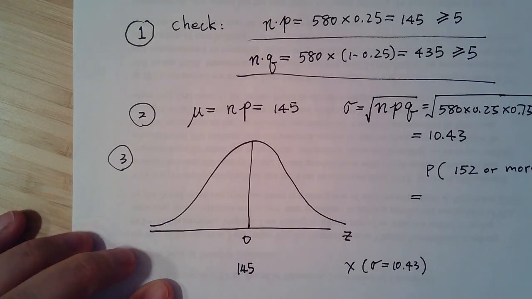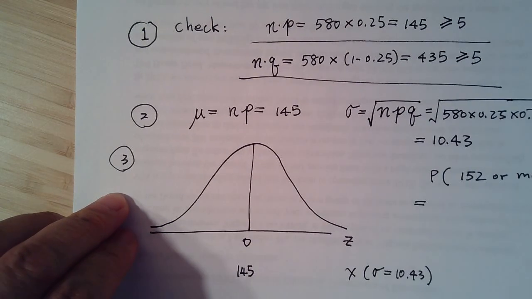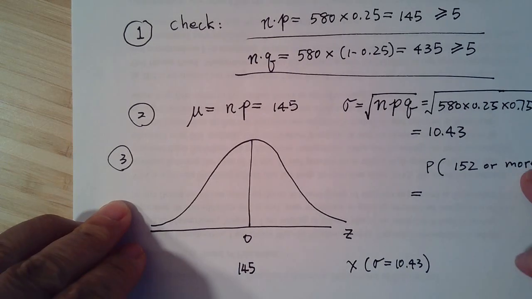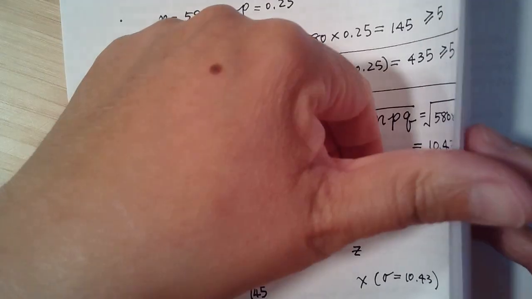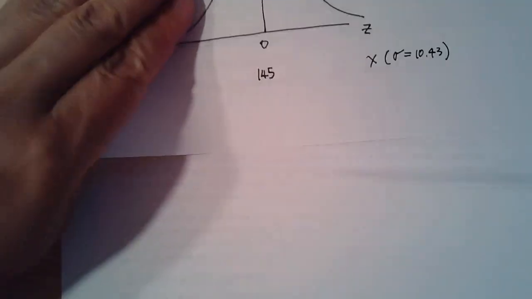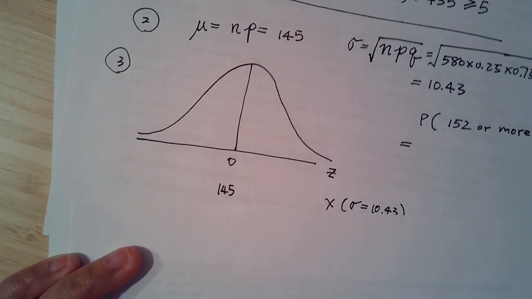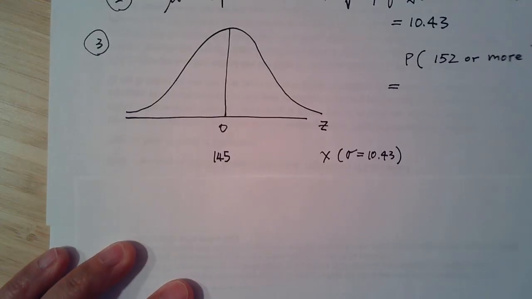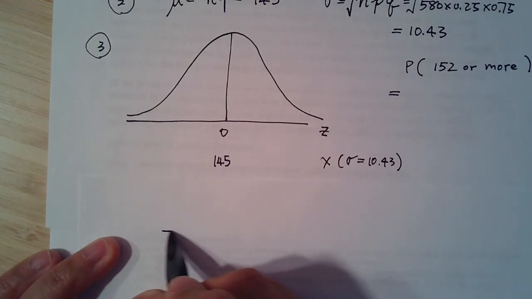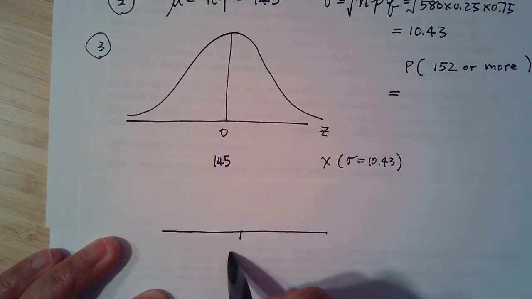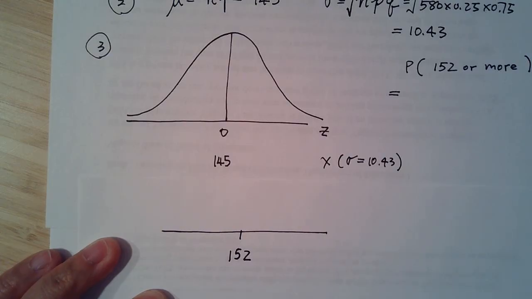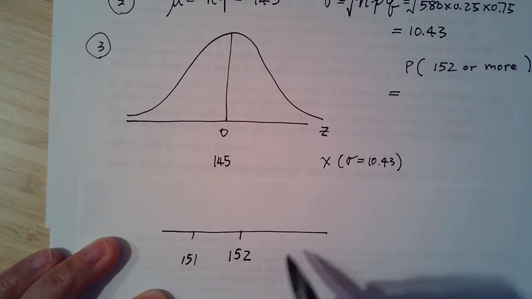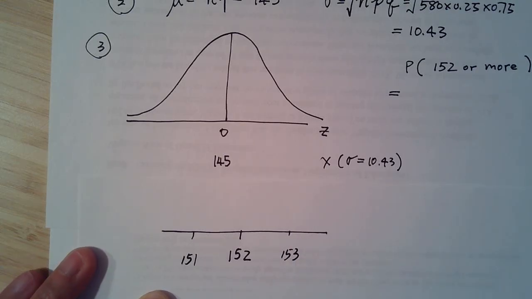Okay, we have to do that continuity adjustment. I hope that you can do this. You draw a little number line, you write 152, okay? And you also write 151, which is the one number less than that, and 153, one number greater than that.